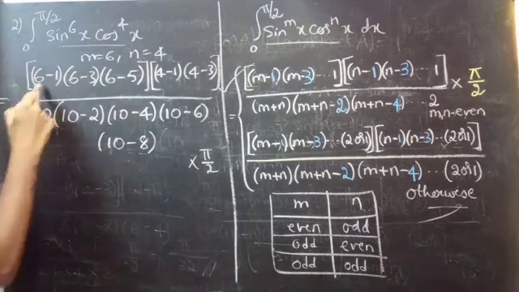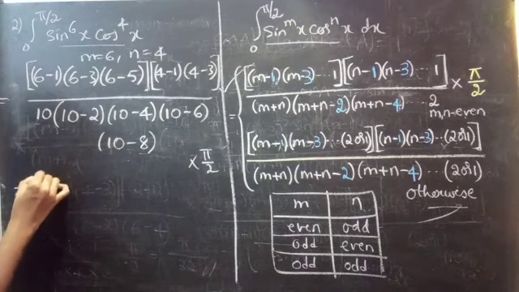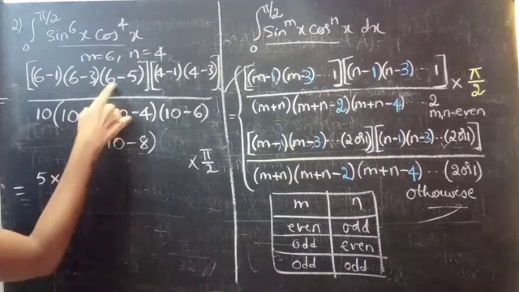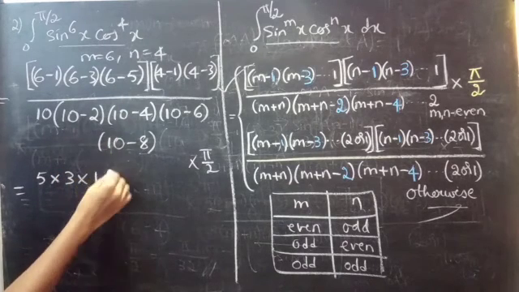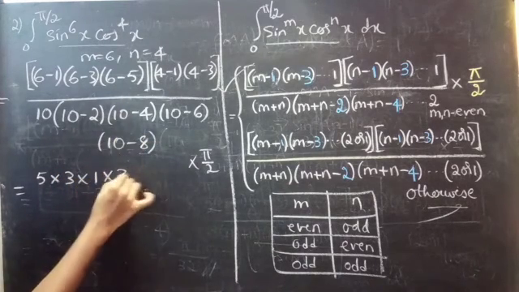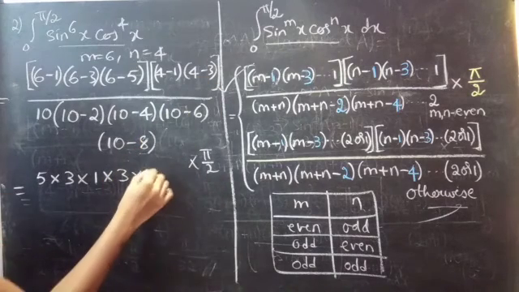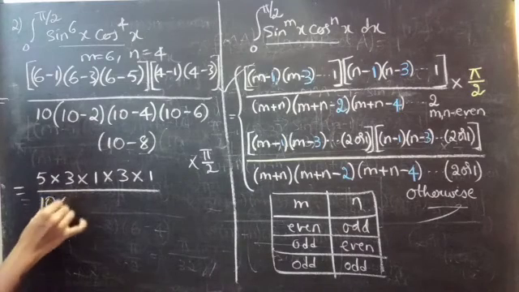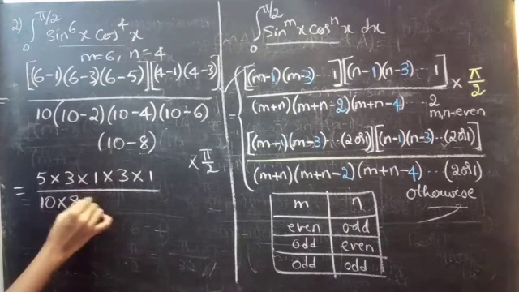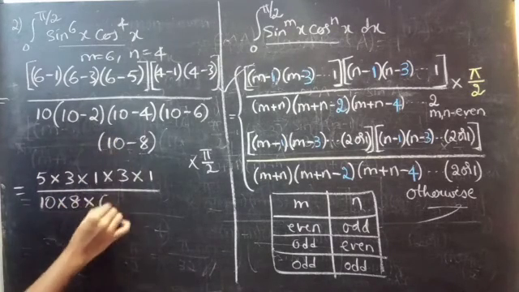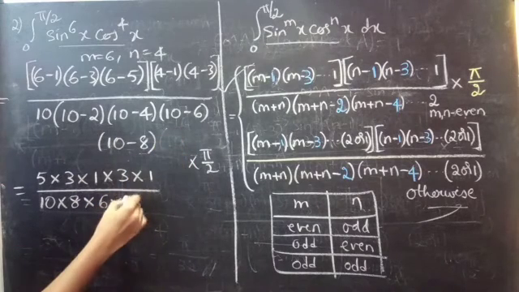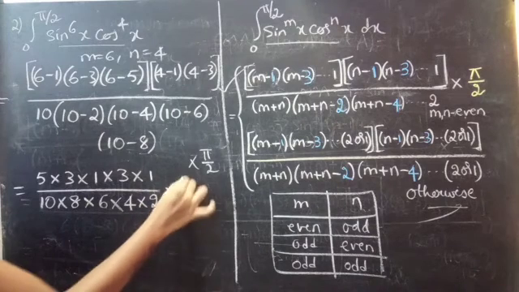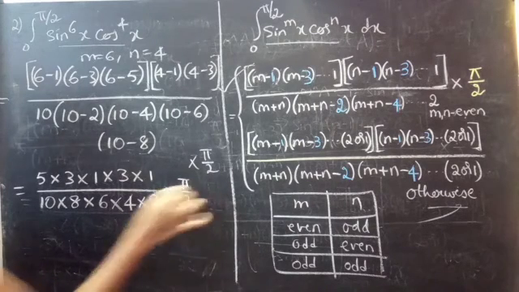So this is equal to 6 minus 1 is 5 into 3 into 6 minus 5 is 1 into 4 minus 1, 3 into 4 minus 3, 1, divided by 10 into 10 minus 2, 8, into 10 minus 4, 6, into 10 minus 6, 4, into 10 minus 8, 2, into pi by 2.